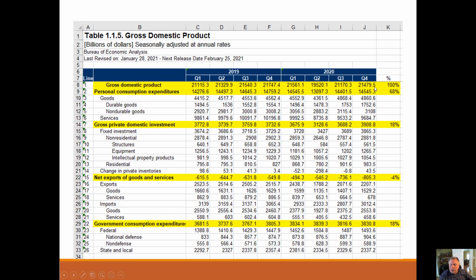But when we look at 21,479 and compare that, we're still below the fourth quarter of last year and the third quarter of last year. So here we see COVID started, drop down, recovery. So we're starting to come back, but we're still not there. This trend is what companies are using to determine their strategy.